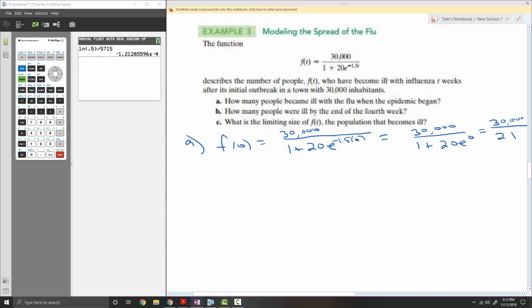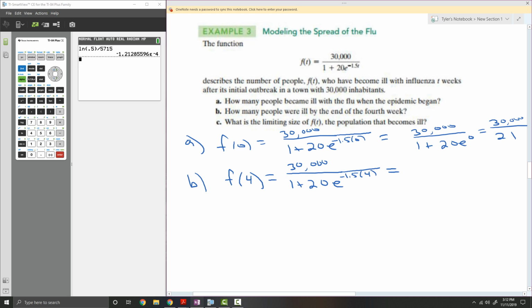Then part B asks how many people were ill by the end of the 4th week. Remember, t is the number of weeks that went by. If we're at the end of the 4th week, then 4 weeks went by, so I essentially want to find f of 4. f of 4 would be 30,000 divided by 1 plus 20 e raised to the negative 1.5 times 4.